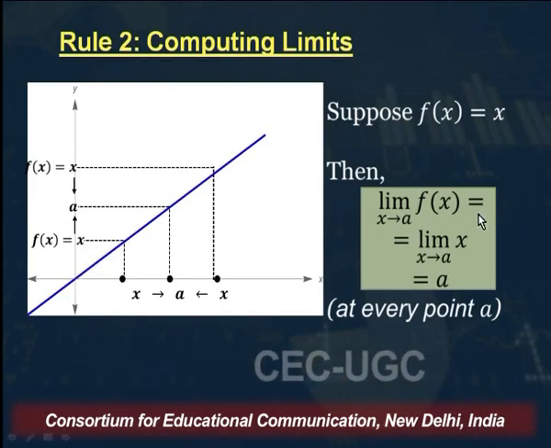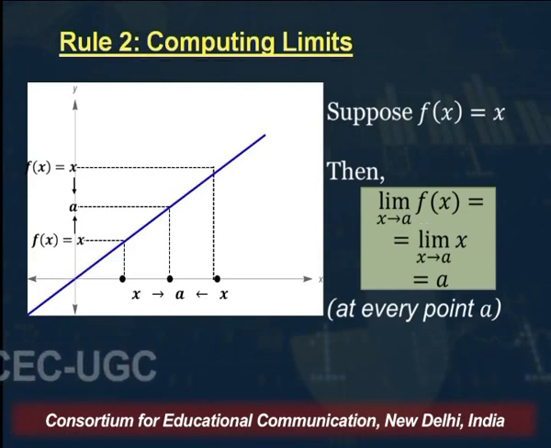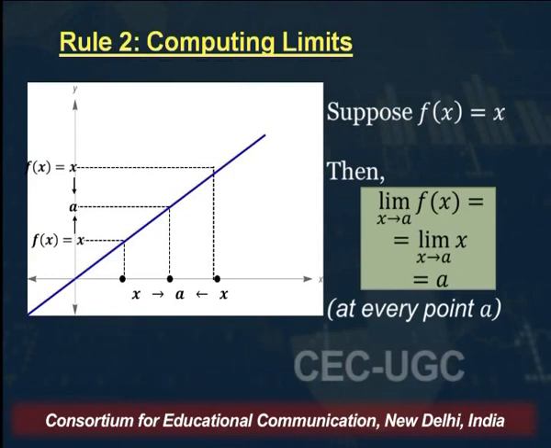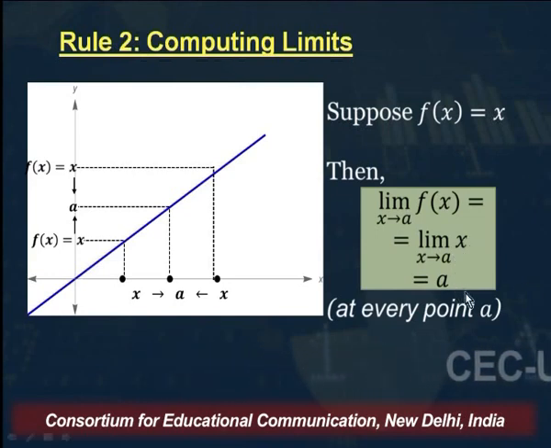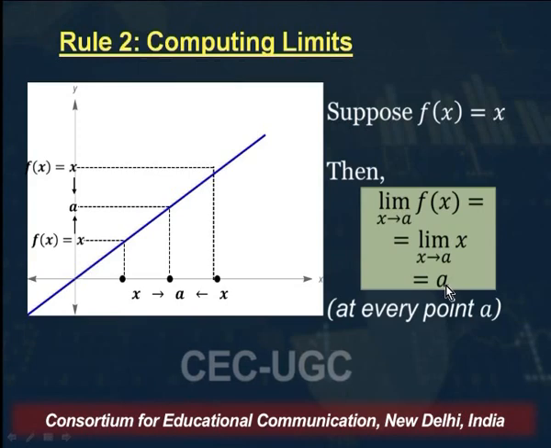So the point here is, if I want to take the limit of the function as x tends to a, because the function is just echoing the value that x takes, if x is approaching a, then clearly the function will also approach a. So the limit of x as x approaches a is also a for every point a, right? So you just have to substitute x equal to a here.